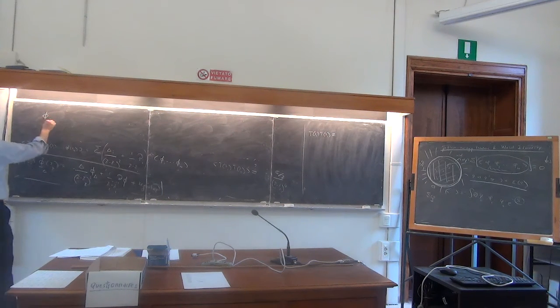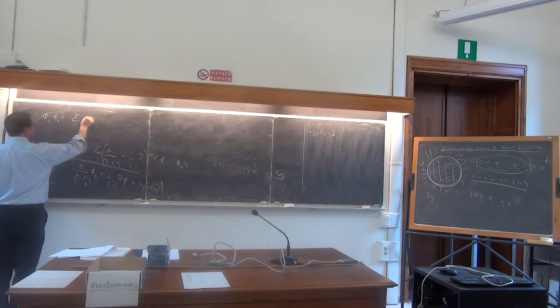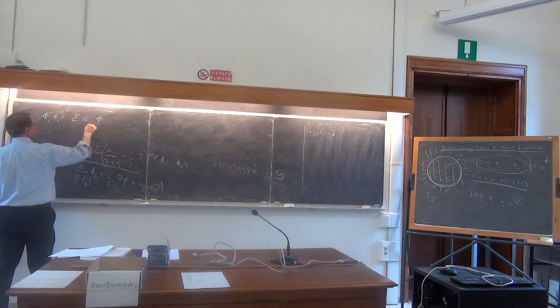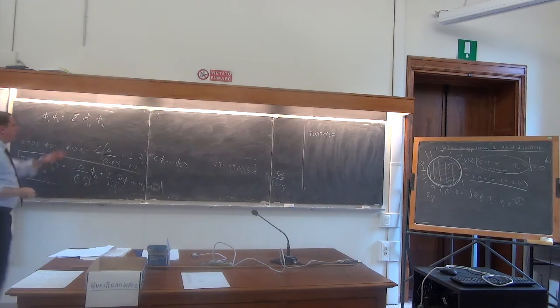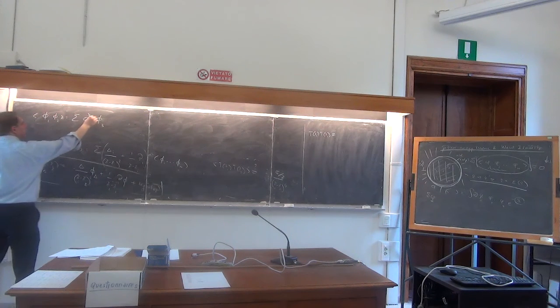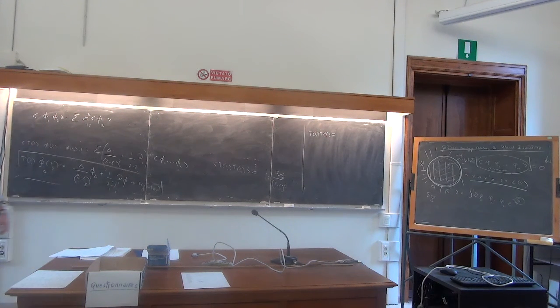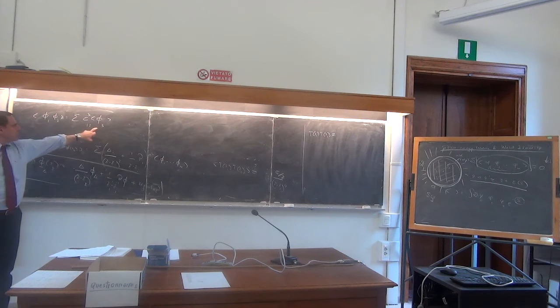So what I mean is, if I have such a relation, and I sandwich it, if you take the expectation value, you get such stuff. Now my claim is all these objects are 0, but the identity. There are no expectation values in conformal field theory.